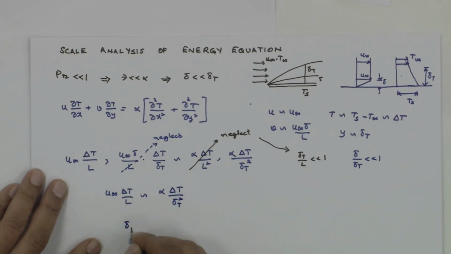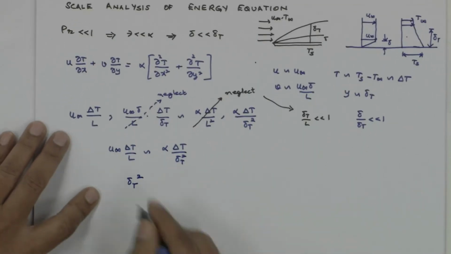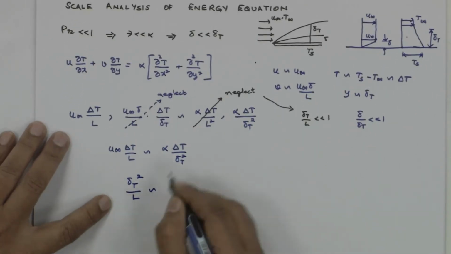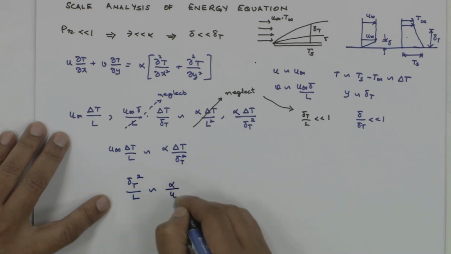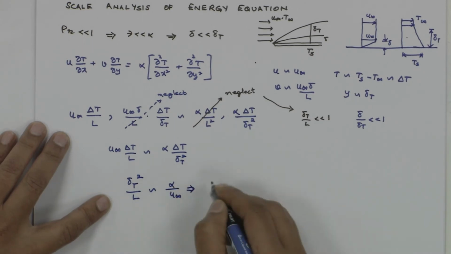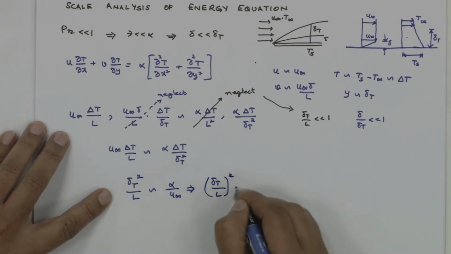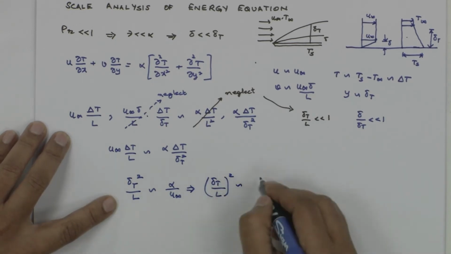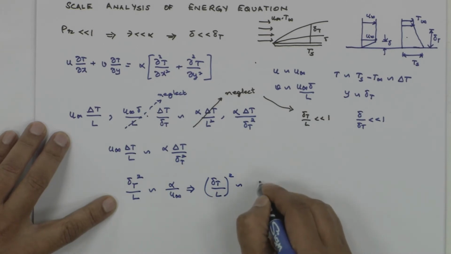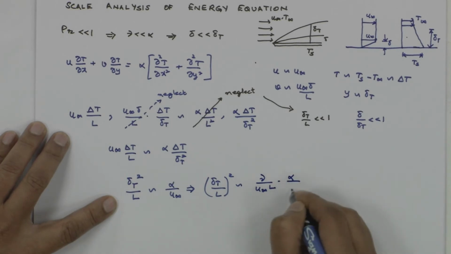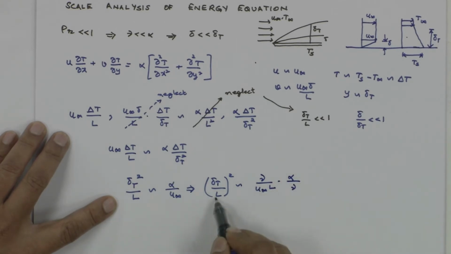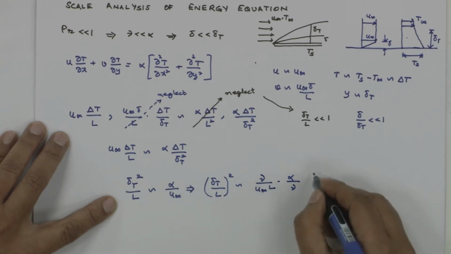So I get delta T squared upon L is of the order of alpha by U infinity, which implies delta T by L whole squared, that is I am multiplying in the denominator by L, that is I get nu by U infinity L into alpha by nu. What did I do? I multiplied by L in the denominator both sides and multiplied and divided by nu in the numerator and denominator.